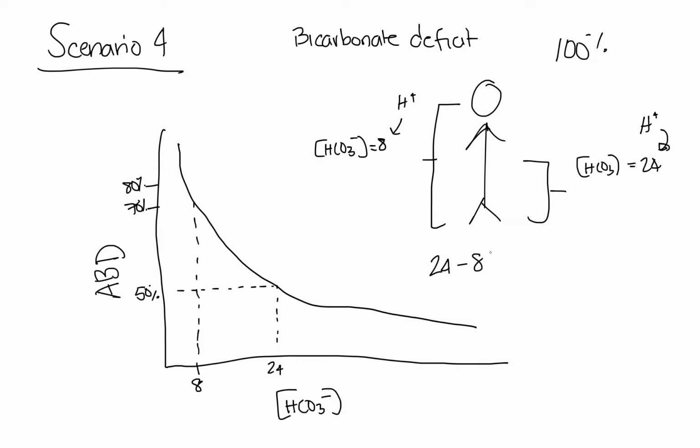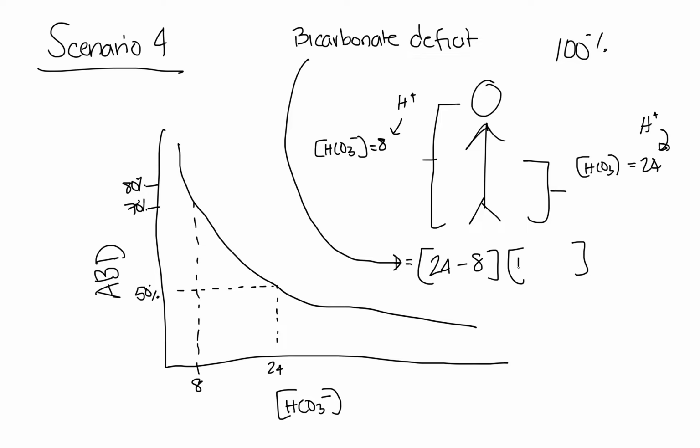So for the cells that are actively being utilized for the process of acid-base management, they have a deficit of this amount. 24 being normal, 8 being the concentration of the bicarbonate in the cells. And then we need to multiply this by the actual percentage of the body that's being part of this acid-base management.